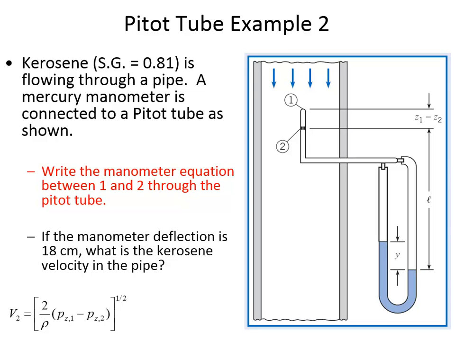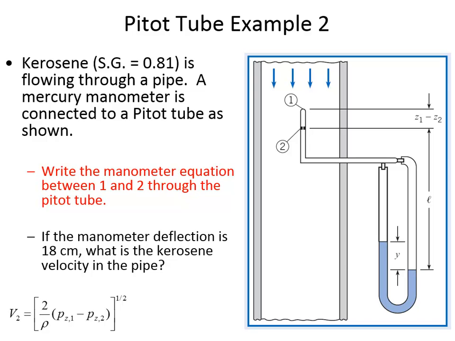Remember, we don't even know how far apart 1 and 2 are. We don't know what is the difference in the z's between them. But it turns out not to matter because the differential manometer automatically takes that into account, the difference in elevation between 1 and 2. It doesn't matter because the differential manometer measures the change in piezometric pressure.